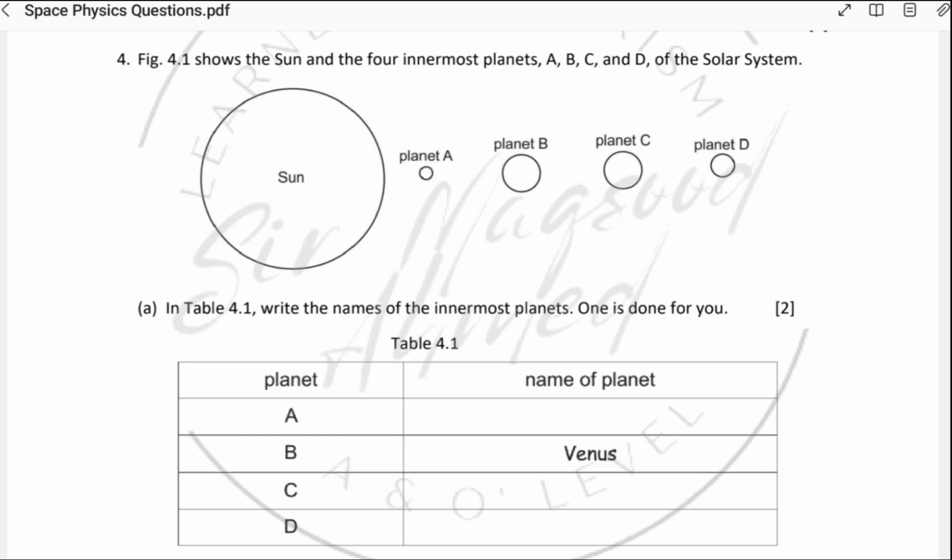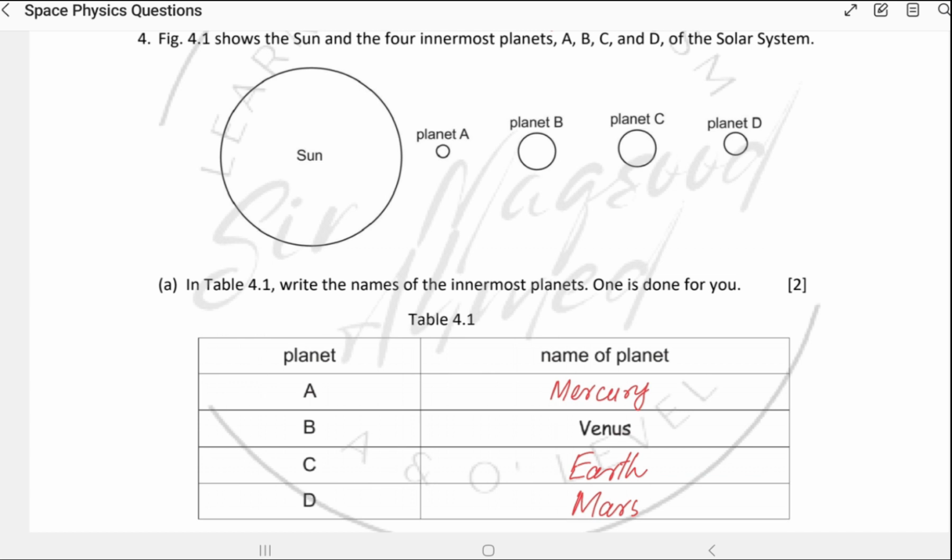Dear students, the innermost planets close to the sun are Mercury, Venus, Earth, and Mars. So we will write the names of these 4 planets in the table. The answer is: planet A is Mercury, planet B is Venus, planet C is Earth, and D is Mars.